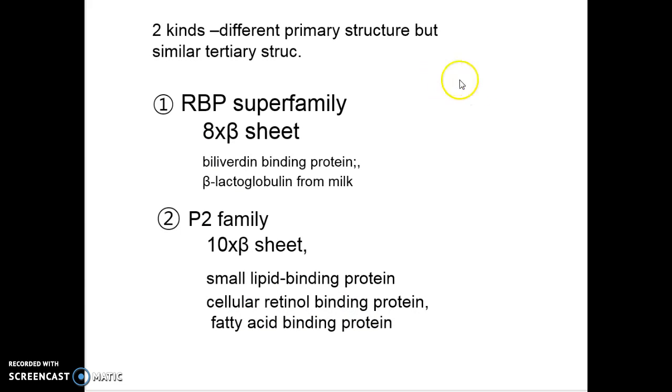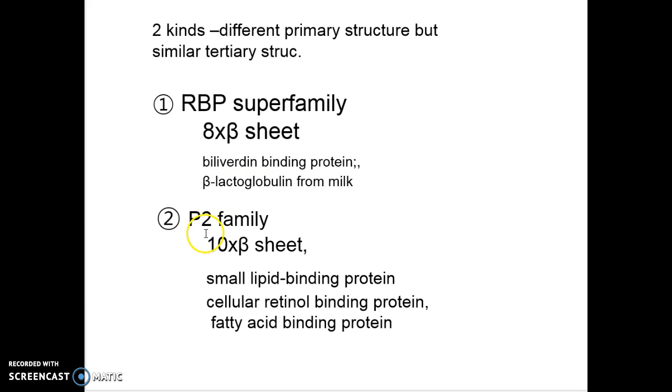There are two known kinds in this class. First, the RBP superfamily. It has 8 beta sheets. You can see the proteins belonging to this class.